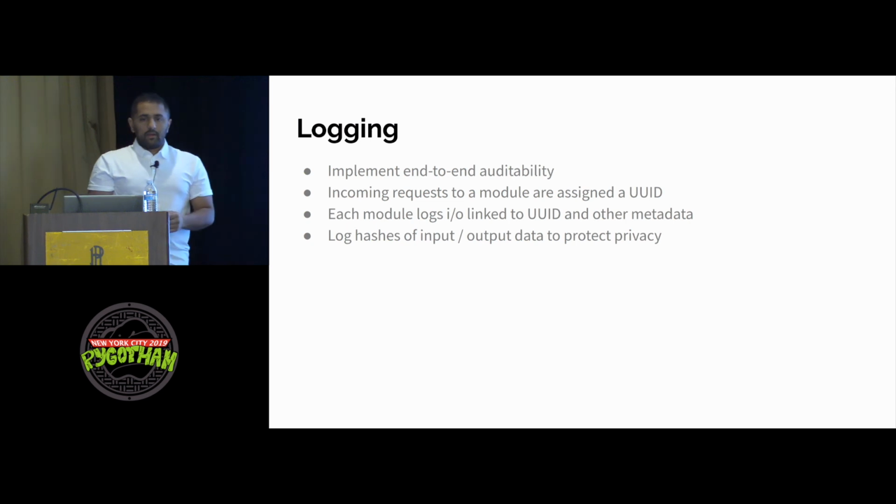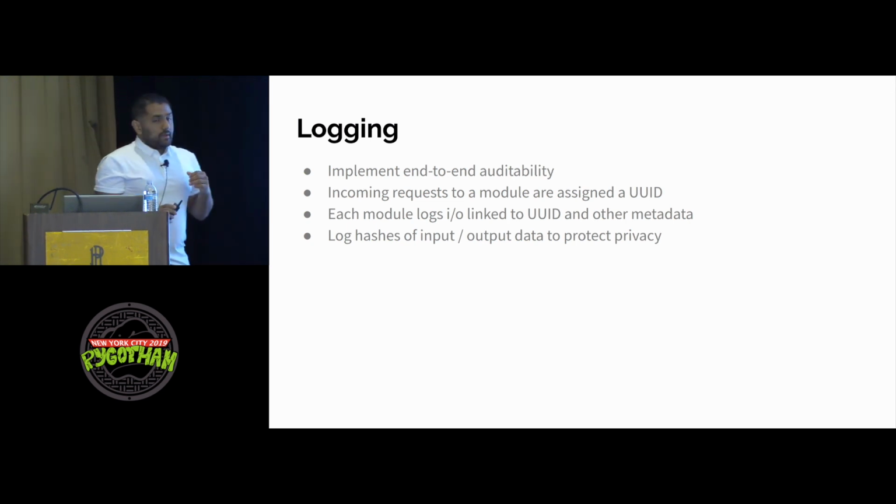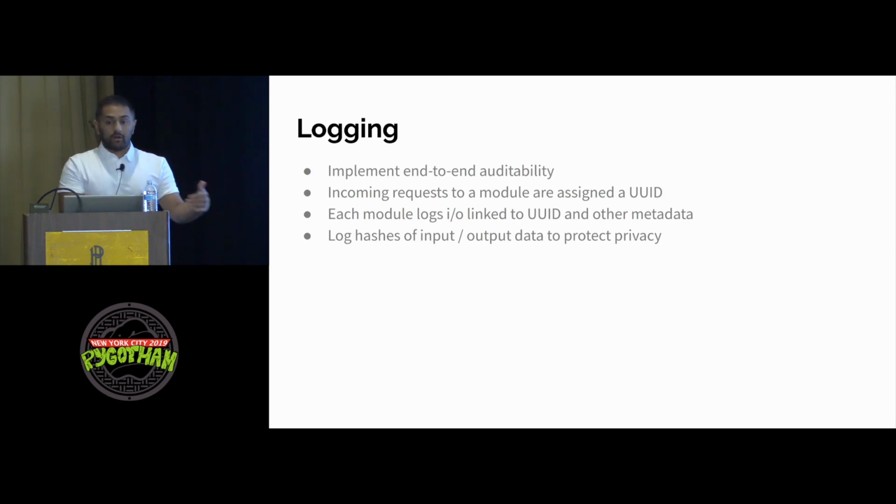Now logging. This is something that I'd like to touch upon because if you remember, data privacy was a major concern when I started this talk, and it still remains one, right? But we still want auditability as engineers. We want to make sure that what we've built runs and runs as predicted, and we want to be able to audit our performance. So how do we do this?